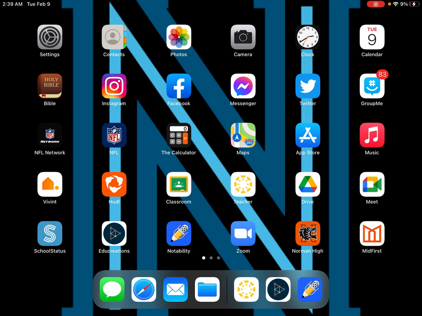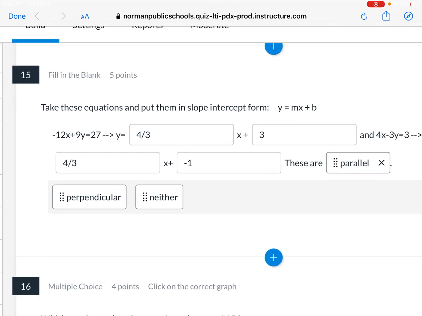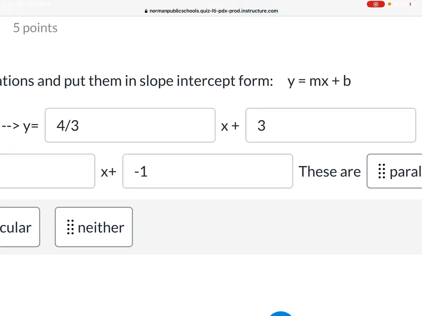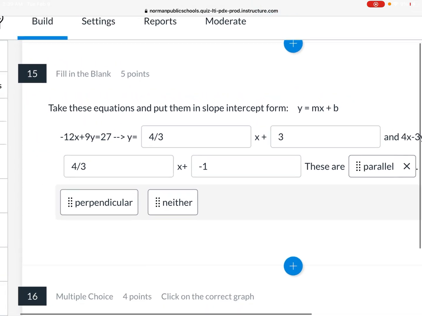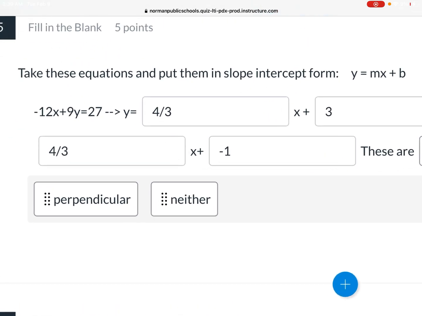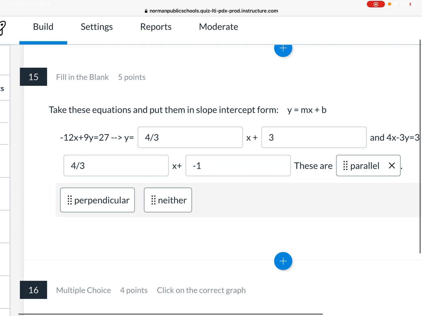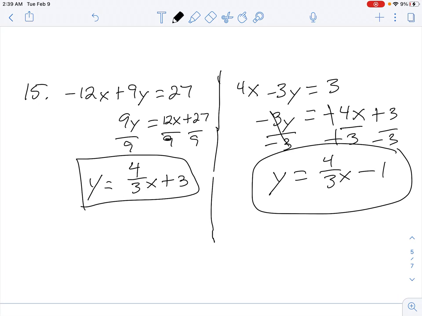So the first one should be 4 over 3x plus 3. So if you look right here, boom, 4 over 3x, that's your slope. 3 is your y-intercept. The second one should be 4 over 3 minus 1. All right? So we got 4 over 3 minus 1.